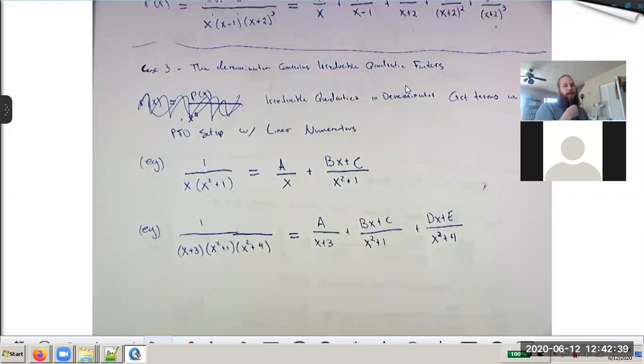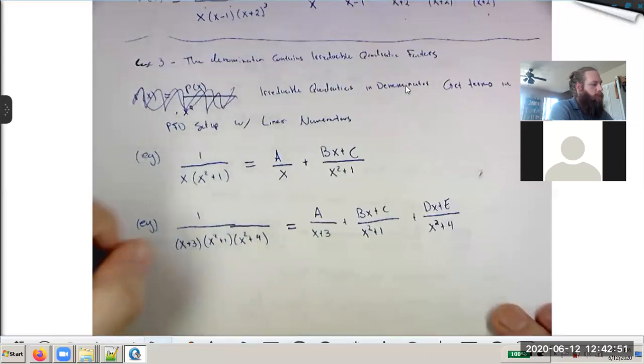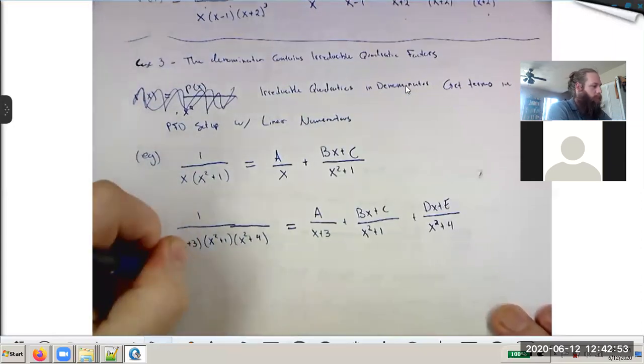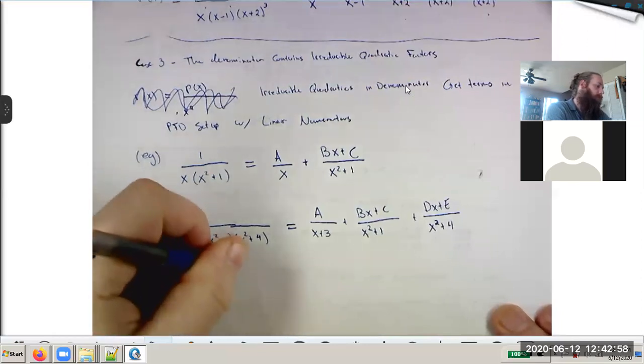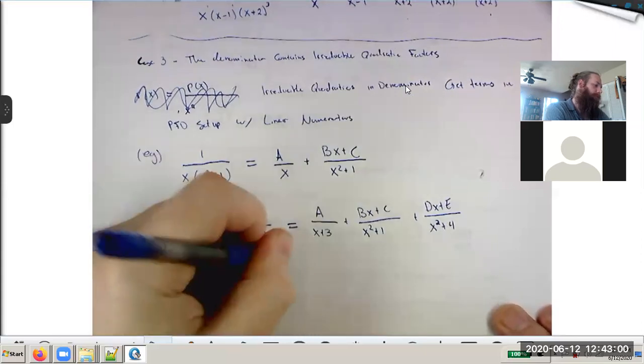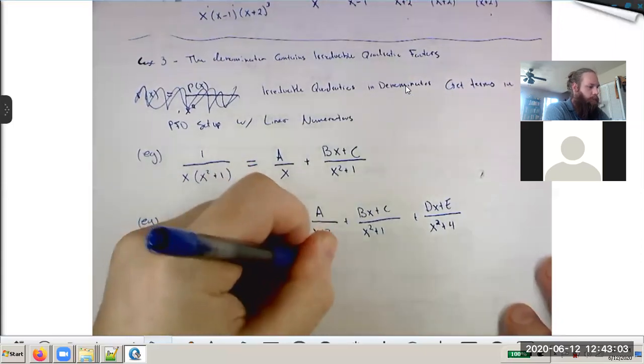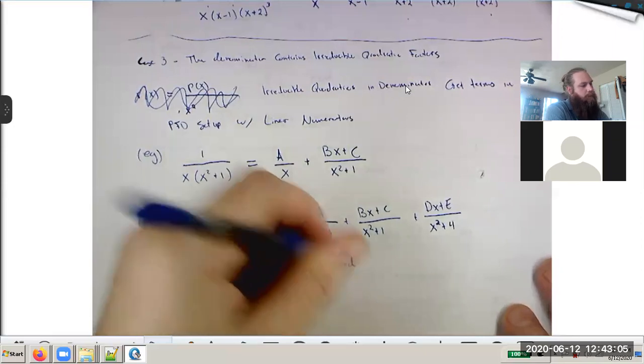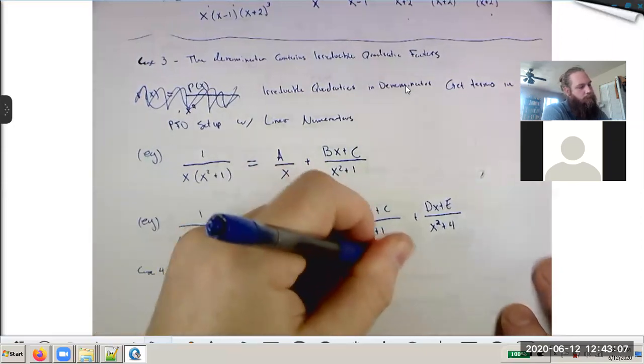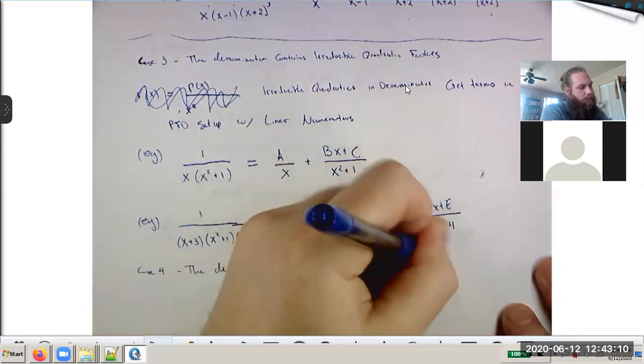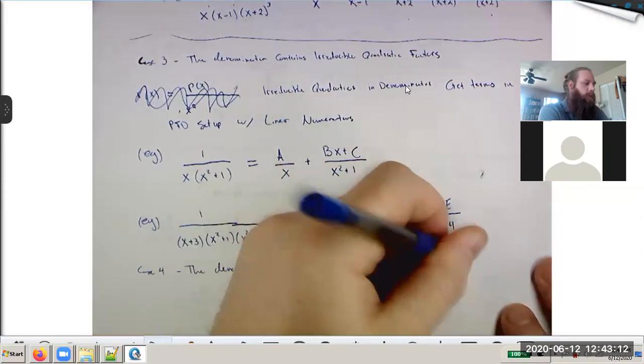And then the last possibility is that you have repeated irreducible quadratic factors. And in that case, you kind of blend the two things. So case 4, the denominator has repeated irreducible quadratic factors.